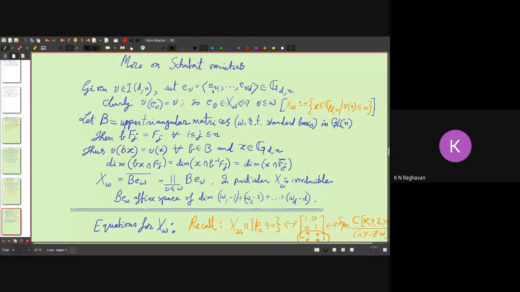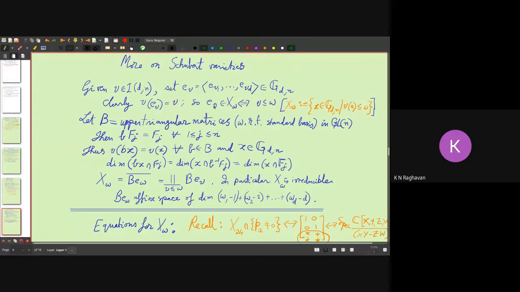So, for example, if V is 2, 4, then in 4-dimensional space, I would be taking the span of E2 and E4, the second and the fourth standard basis vectors. And let's also observe the following. If I take this space and calculate the intersections, you will see that the jumps happen precisely at V1 through Vd. That's easy to see.